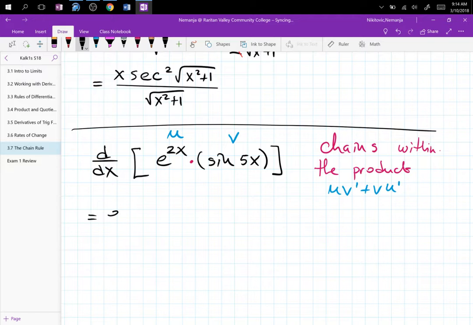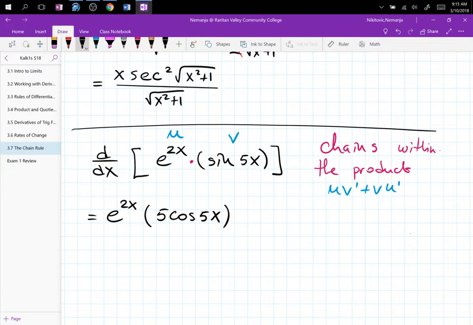Copy the first, e to the 2x, times the derivative of the second. Well, great, that's a chain rule now. So what is that? Derivative of sine is cosine 5x, and then the derivative of 5x is 5, so 5 cosine 5x, good.